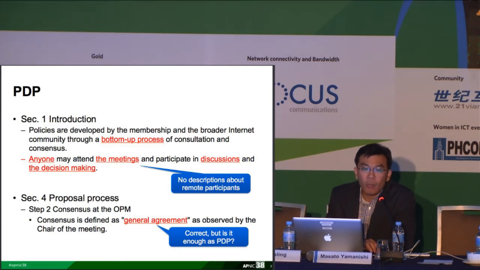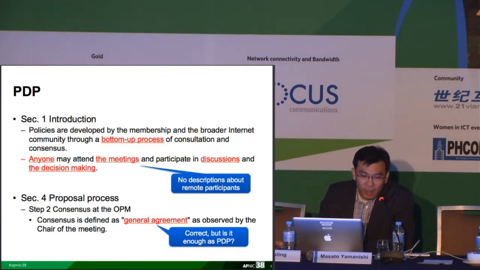And also anyone may attend the meetings and participate in discussions and the decision making. But the problem with this section is there is no description about remote participants. It just says meetings, so I'm not sure whether it means physical meetings or also includes remote meetings.